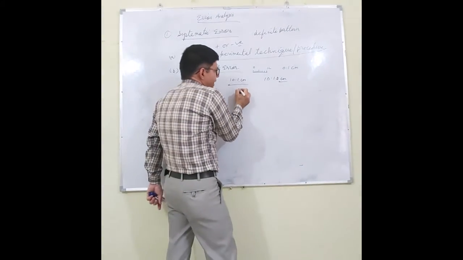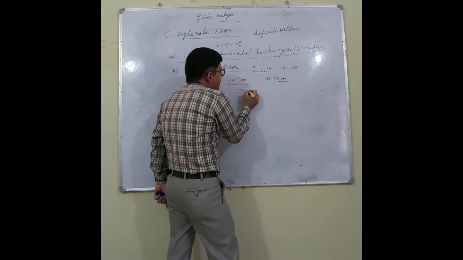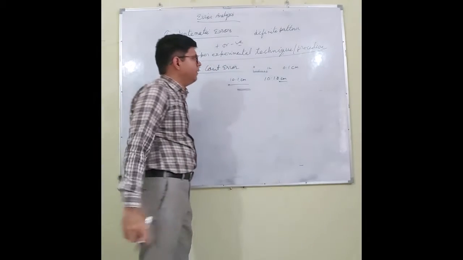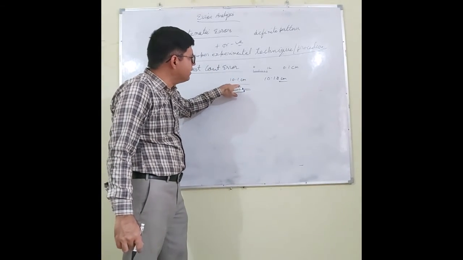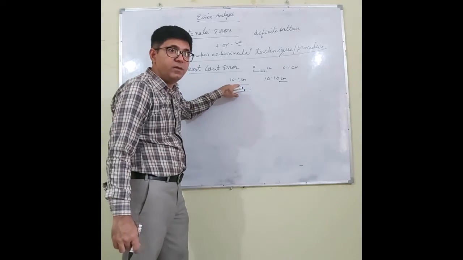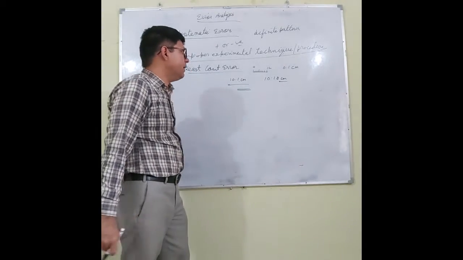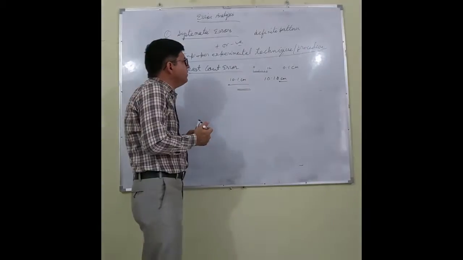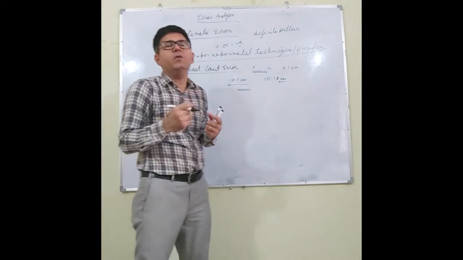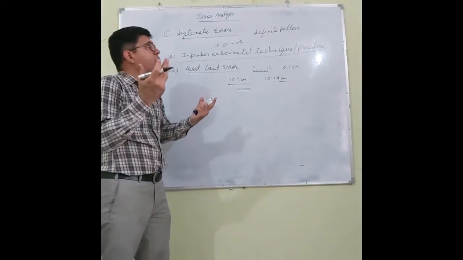There could be a length like 10.1 centimeter and another length like 10.12 centimeter. In both cases, we will say both lengths are 10.1 centimeter, because the scale can measure up to one decimal place. So, to reduce such an error, we should use an instrument whose least count is smaller.